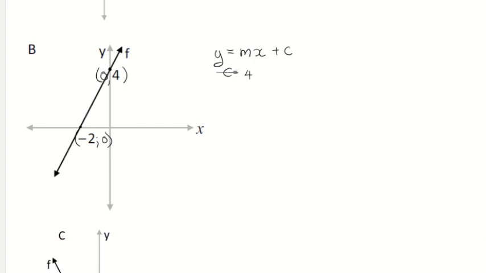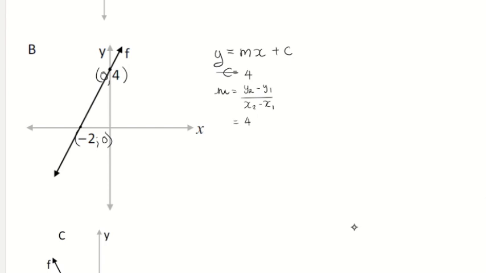How can we determine the gradient? We write m equals to y2 minus y1 over x2 minus x1. Are you following? Am I going too fast for you? Alright, let's do substitution. y2, let's use the top one. So y2 is going to be 4. No?